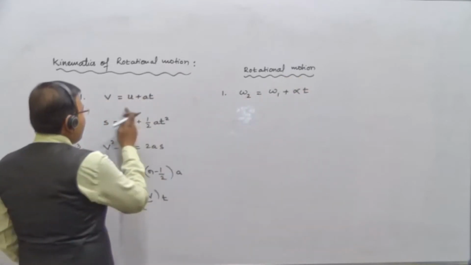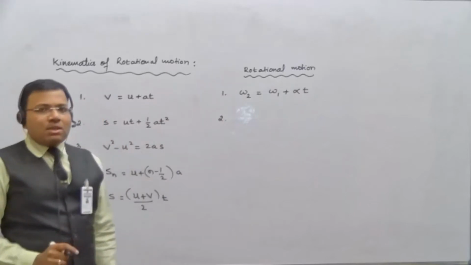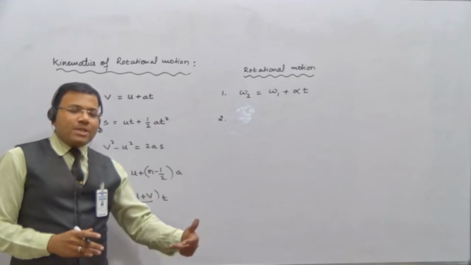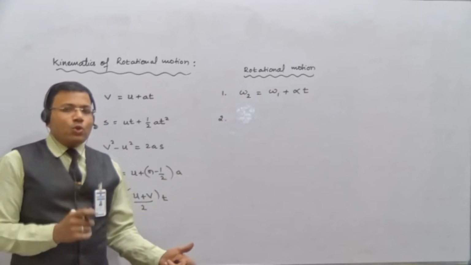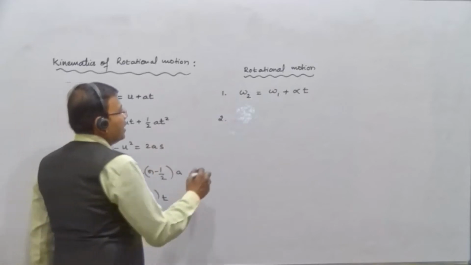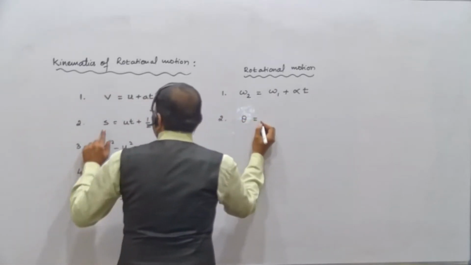Now let us move to this second equation. What is this s? s is the displacement. I want to convert that displacement as the angular displacement, and you know angular displacement we denote it by theta. So अब हम लिखते हैं बेटा यहाँ पे theta. This s is theta.